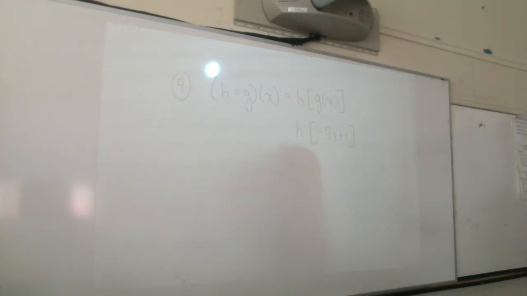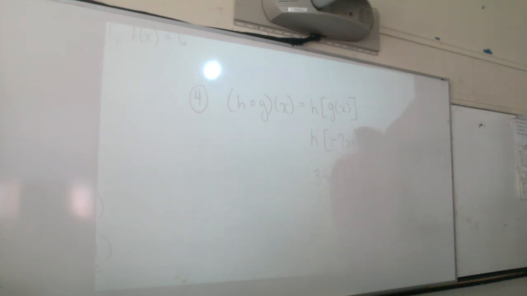Now, I'm going to take the h function. You're not distributing. This is not a number. It's a function of a function. So it's done slightly different. So I'm going to take that h function, which is positive 3x plus 3. That's what that h function is.